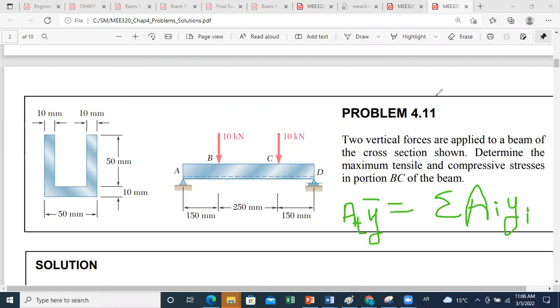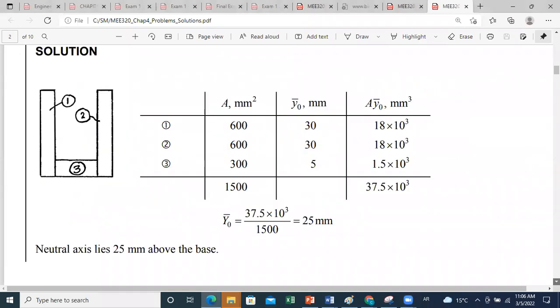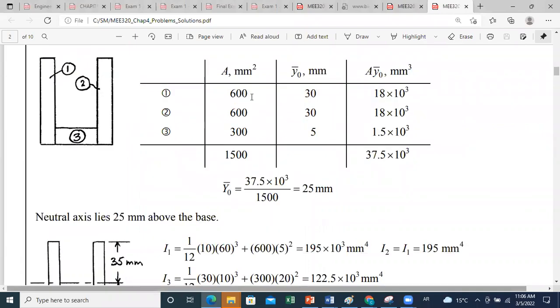Okay, so now let us do a table to facilitate the calculation. We just enumerate the areas 1, 2, 3.